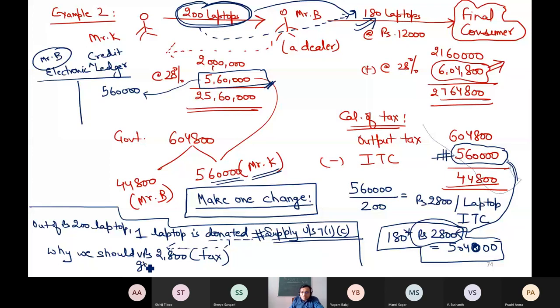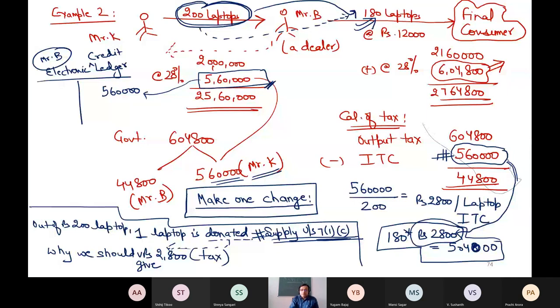That is why it has to be treated as supply, because when you treat it as supply, you will pay GST. Now that is another question, what value should be taken, because technically I am not selling, I am only donating. So technically I will say that the value of supply is zero because I have donated. Government says you wait, we have some rules with us. We will tell you that in this donation how much supply you have to take.